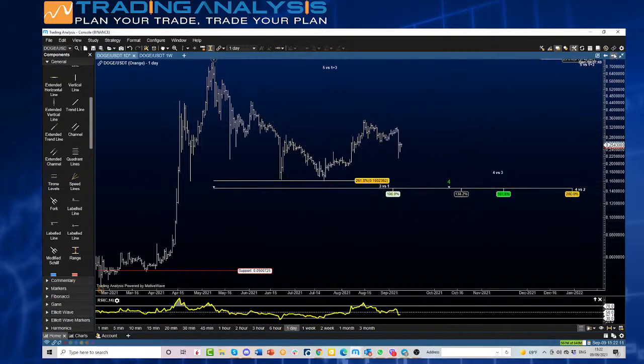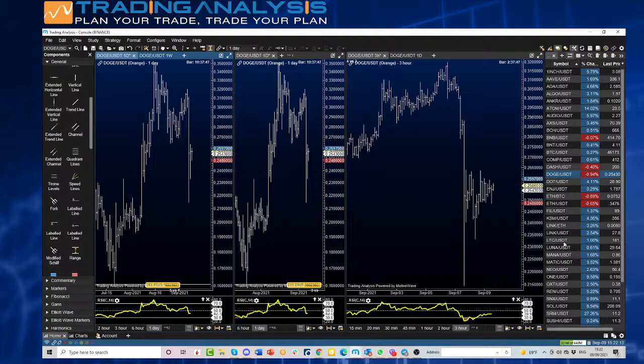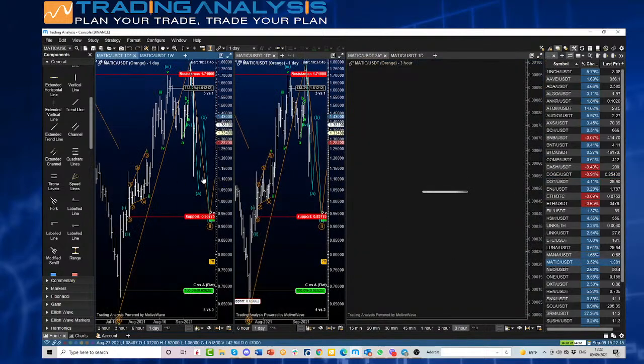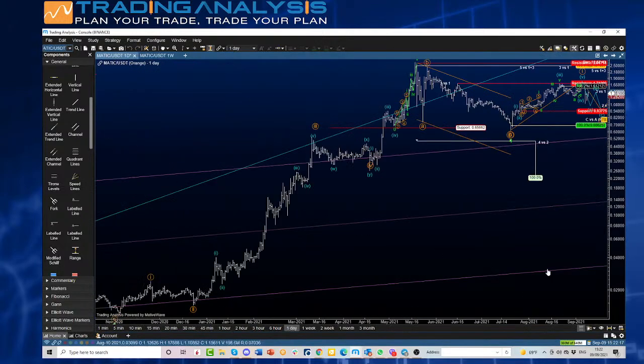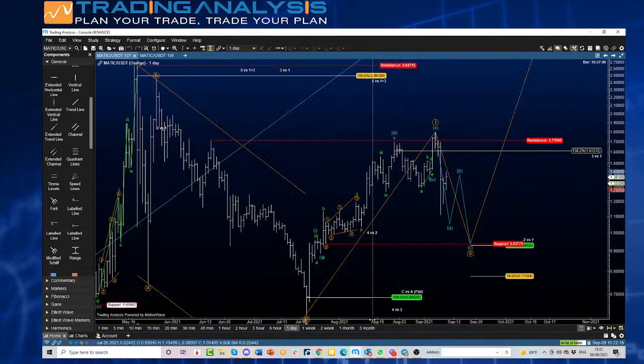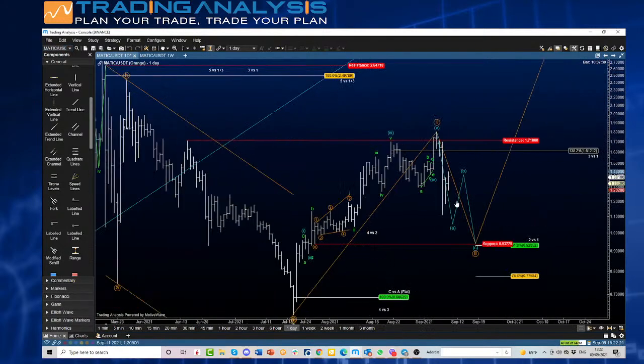Okay, after Dogecoin, we have also seen in Matic nice pullbacks from these resistance levels. Either this correction is finished or it's going to have a little bit more downside. As you asked me personally, I think we will see a little bit more downside, but not necessarily.